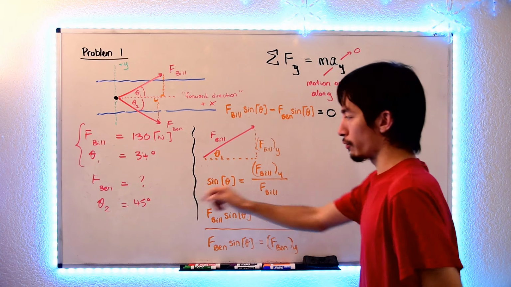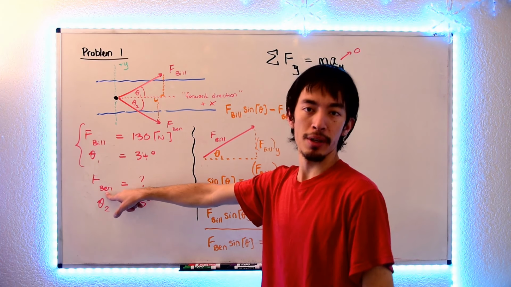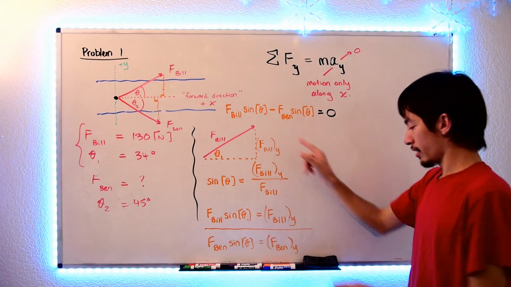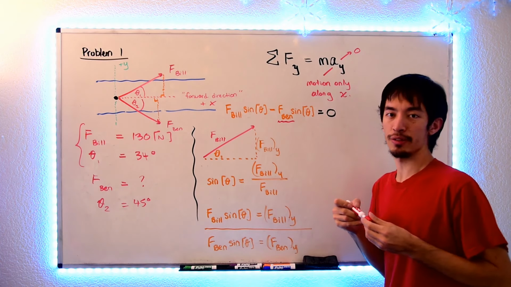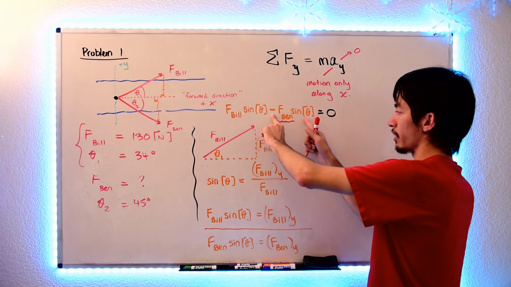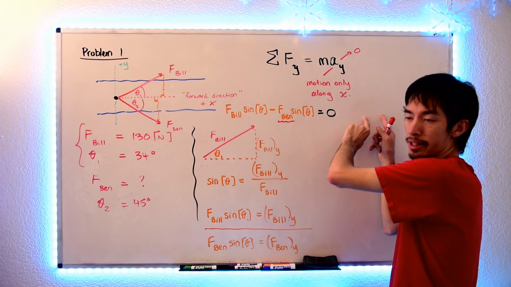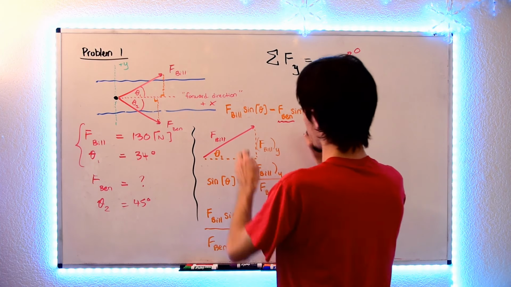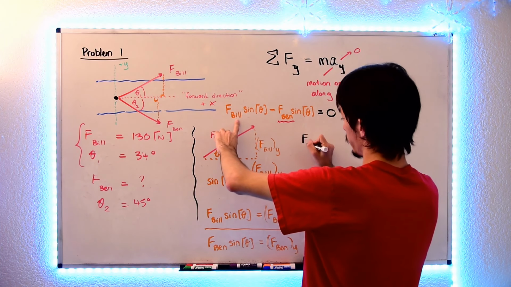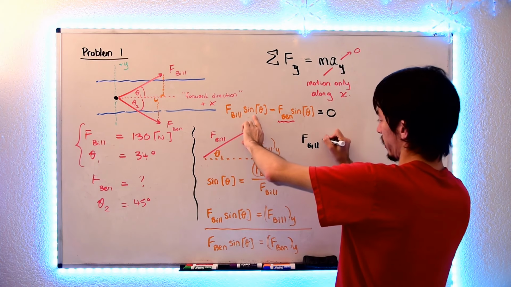I want to solve for the force from Ben in this problem. So I'm going to try to get force from Ben, only this part by itself. So what I'm going to do is add this whole term over to the right side. So on the left side we have left over force Bill sine theta.